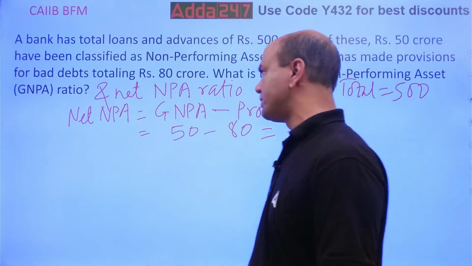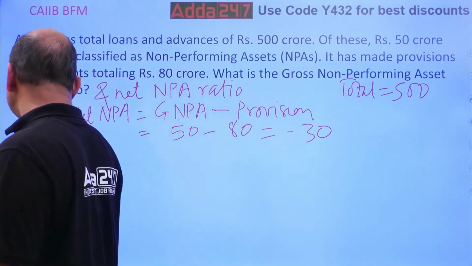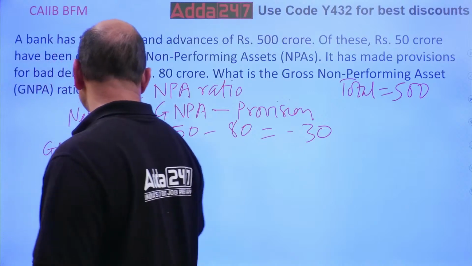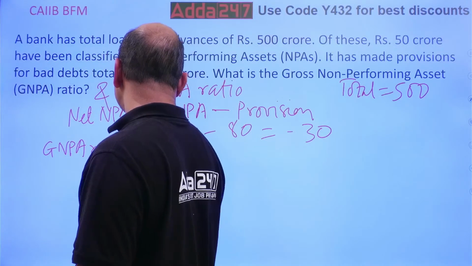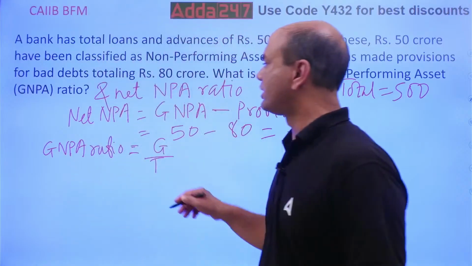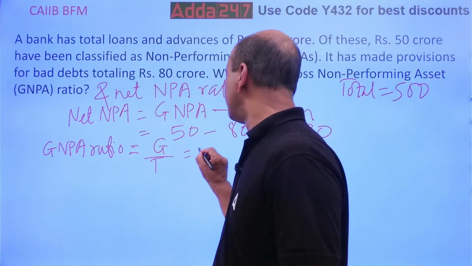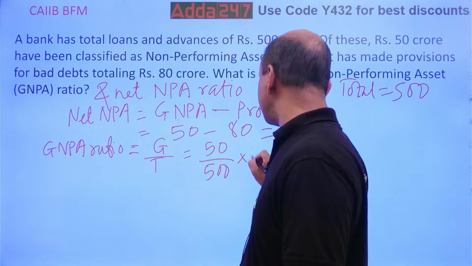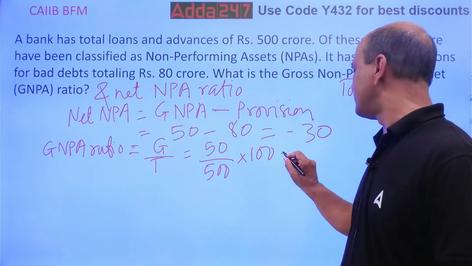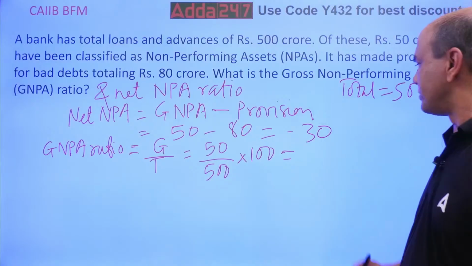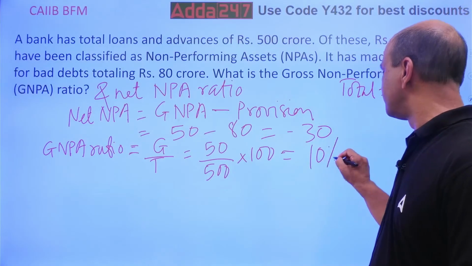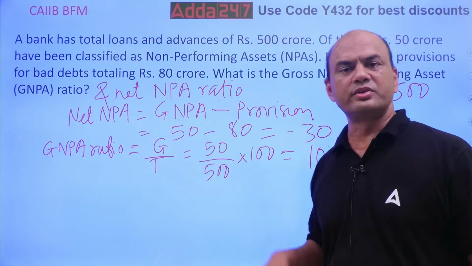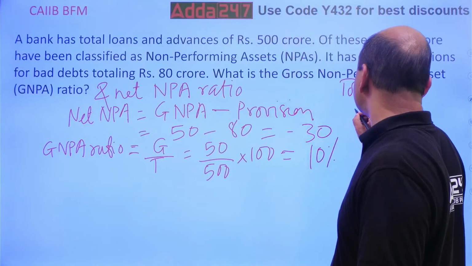The formula is GNPA ratio equals G upon T into 100, where G is the gross NPA and T is the total advances. G is 50, T is 500, into 100, because everything in percentage is 100. So it is 10%. That is the gross NPA ratio. Net NPA is minus 30, so actually this net NPA is 0.